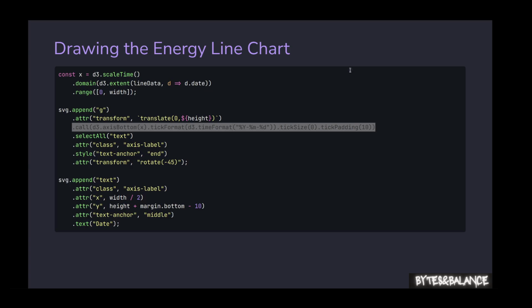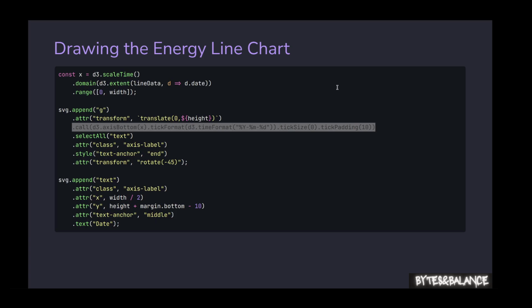So it's g.call. And the detail of it is d3.axisBottom(x) creates a new bottom-oriented axis generator using the scale x. The axis is positioned at the bottom of the chart. And then we've got tickFormat, which specifies the format for the tick labels on the x-axis. And then we've got tickSize, which is 0.